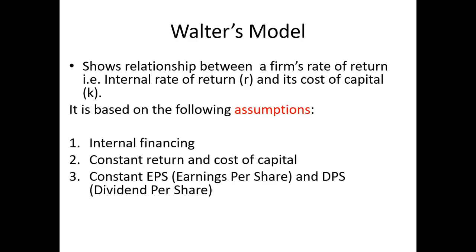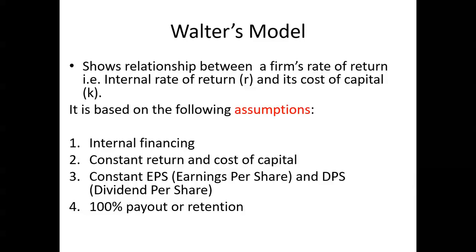In this, internal financing means no external financing at all. Assuming that all the investments made by the company are out of retained earnings is not realistic, but they take internal financing as the main factor in Walter's model. Retained earnings are the only source of finance.